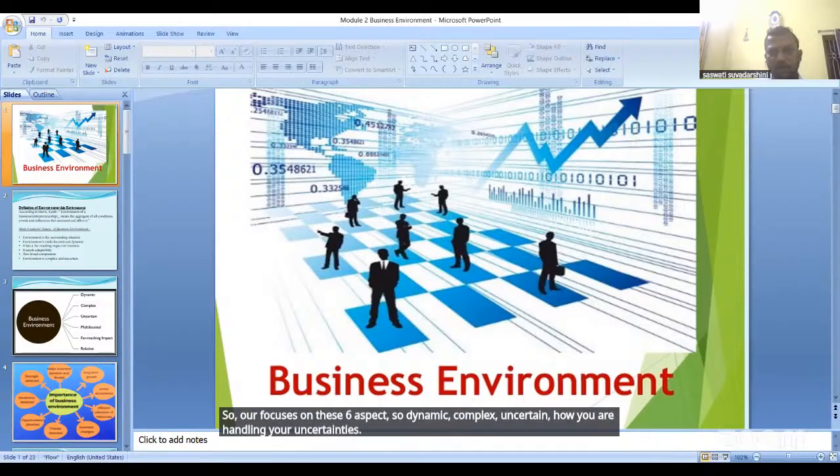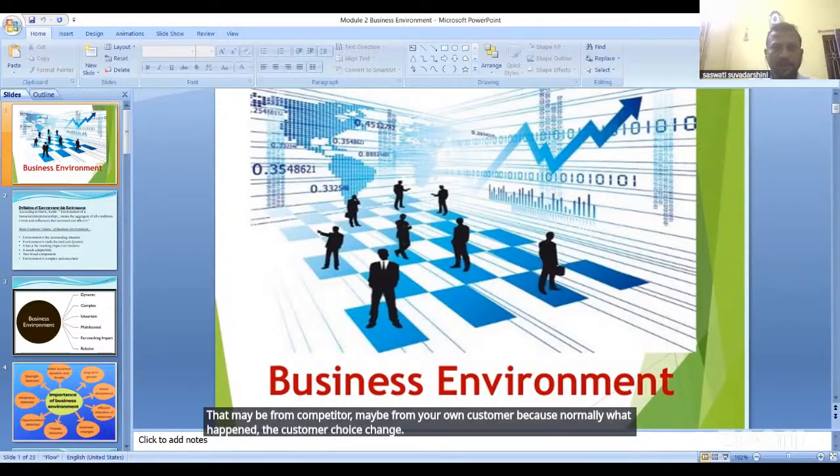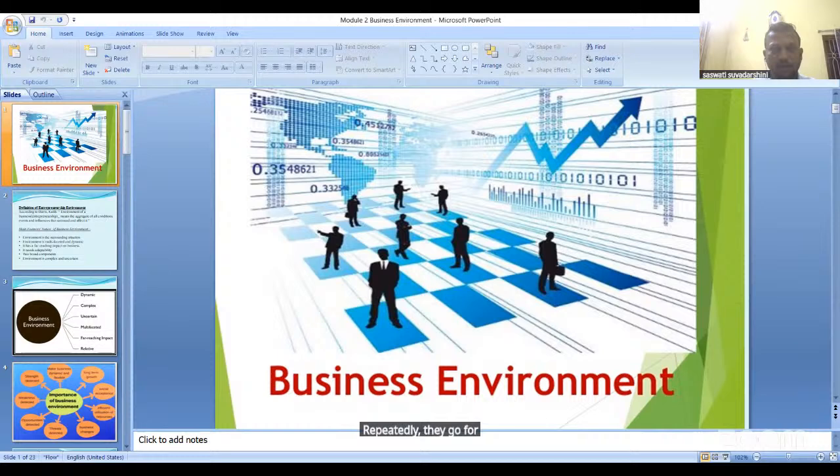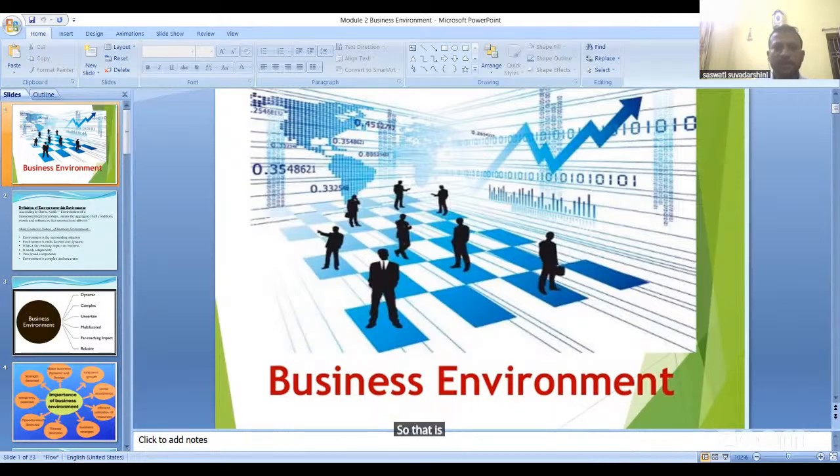Every time you are facing a lot of challenges in business, maybe from a competitor, maybe from your own customer, because normally the customer's choice changes repeatedly. They go for testing other products. Sometimes even if you are providing quality service and a quality product, the customer will still search for an alternative, and that is a very major challenge for the business unit: to retain the customer.